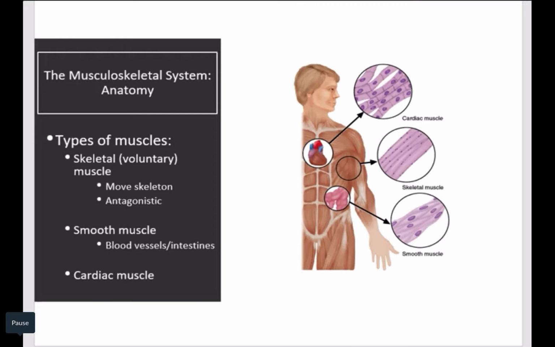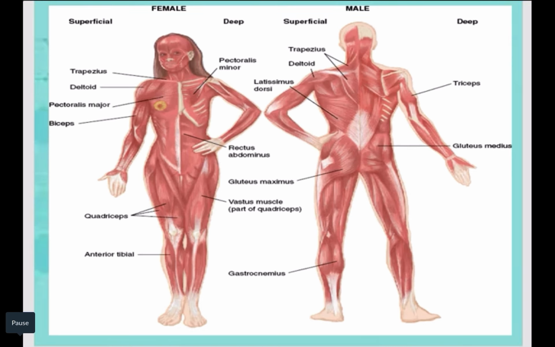Your veins and arteries are dynamic, meaning they can constrict or they can dilate. Those are intestines as well. We have that pulsating motion that pushes food through our digestive system. So that's the second type, smooth muscle. And the third type of muscle is the cardiac muscle, which is the heart itself. 3 different types. Make sure we lock those in as well.